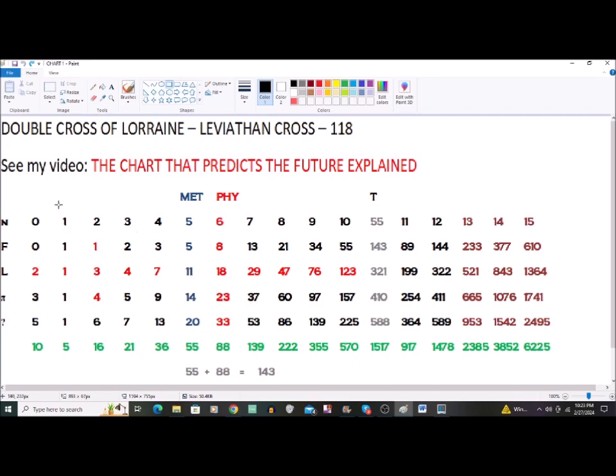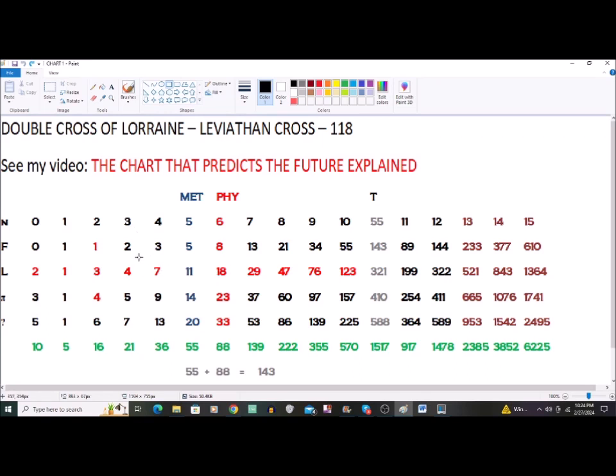This is a chart that I compiled quite some time ago, and I've been using it in my decodes quite a bit, and there are some interesting bits and bobs in here, and some interesting things that have cropped up from this chart. I'm going to show you another variation of it in just one second.